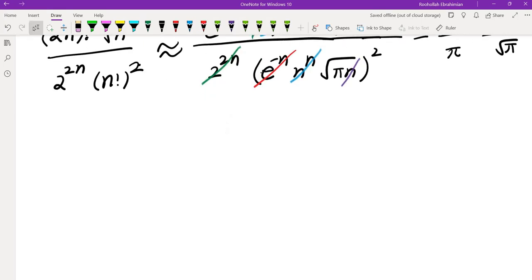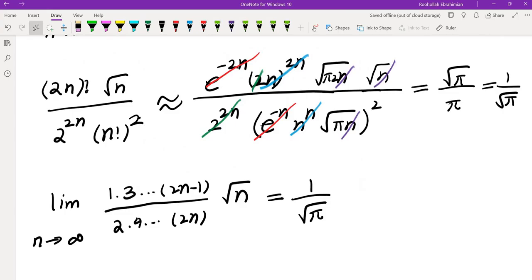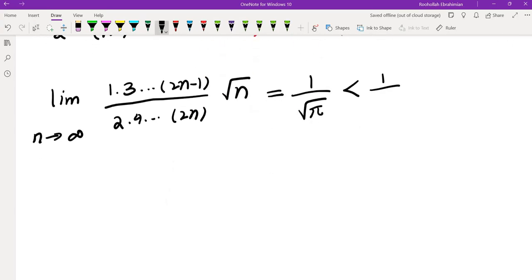So what does that mean? It means the limit of the sequence that they gave us, 1, 3, all the way to 2n minus 1 divided by 2, 4 all the way to 2n, if you multiply that by root n as n approaches infinity, is going to be exactly 1 over root pi. So that limit is 1 over root pi, which is less than 1 over root 3.